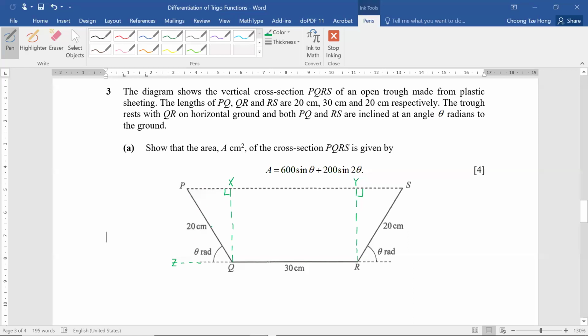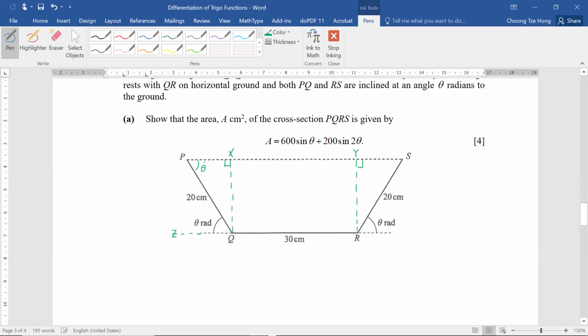Angle XPQ and PQZ are alternate angles, so this will be angle theta. So let's write that down first: angle XPQ equals angle PQZ, which equals theta radians.